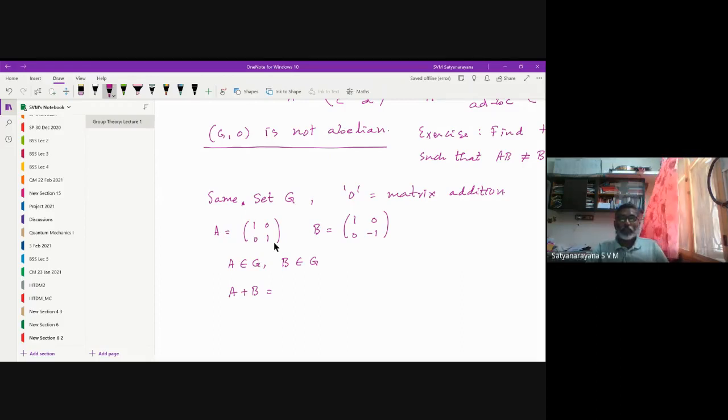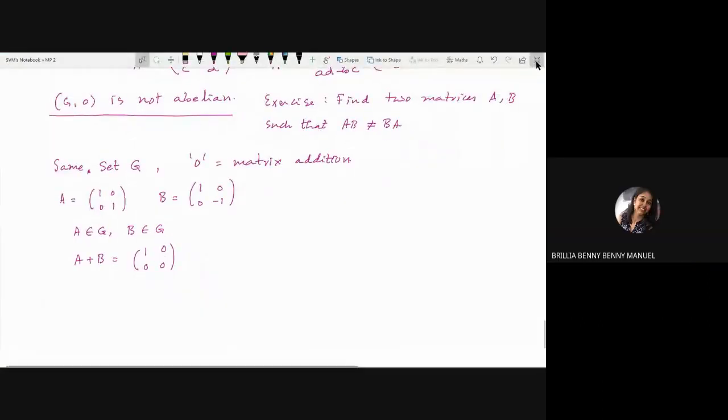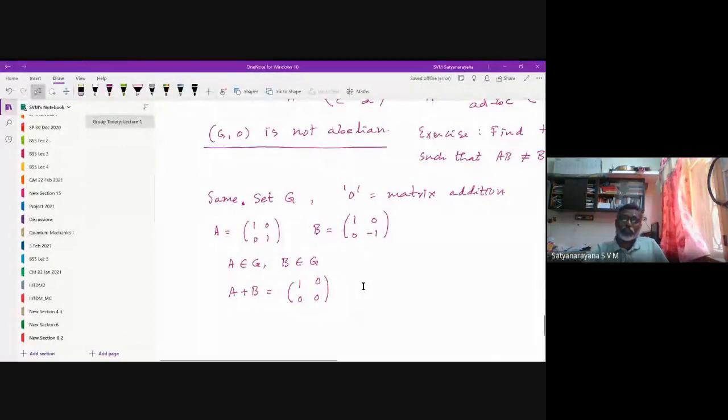It is 1, 0, 0, 0. Is A plus B in G? No, sir, because it is singular. So A plus B is not in G.